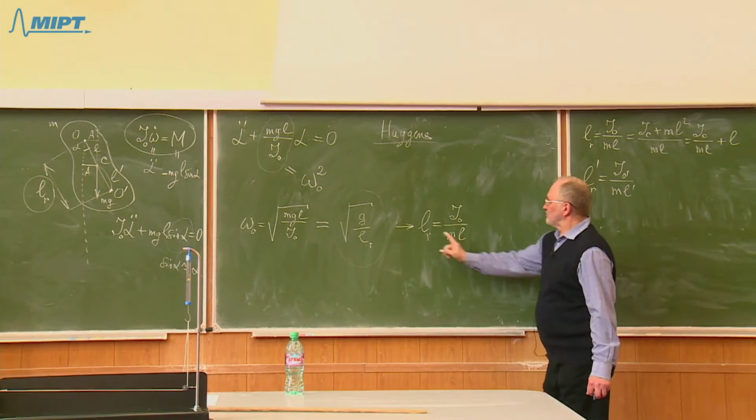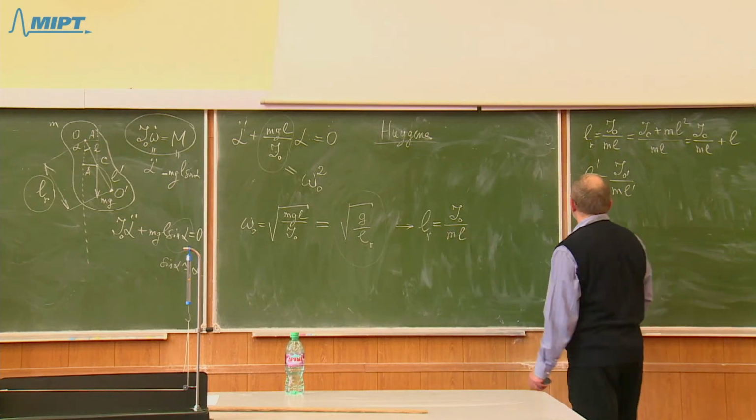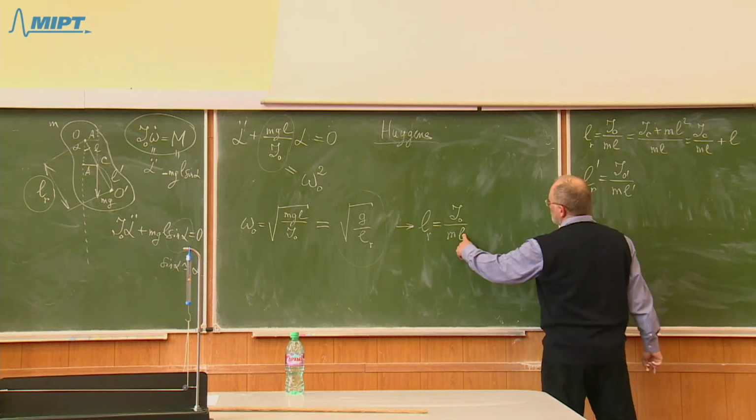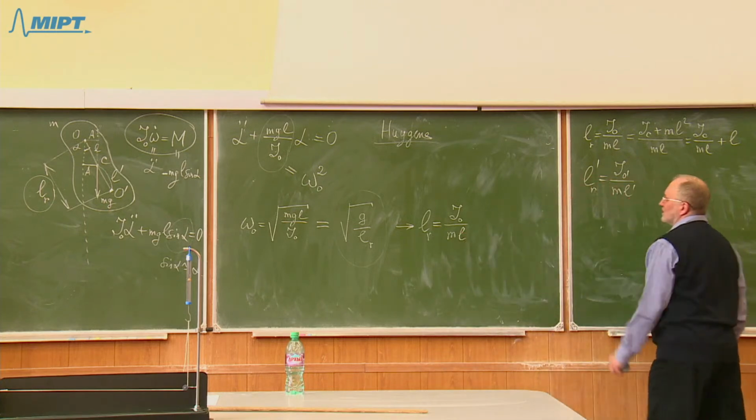According to the main formula for the reduced length, here must be the distance from the point of suspension to the center of mass. Let it be L prime.